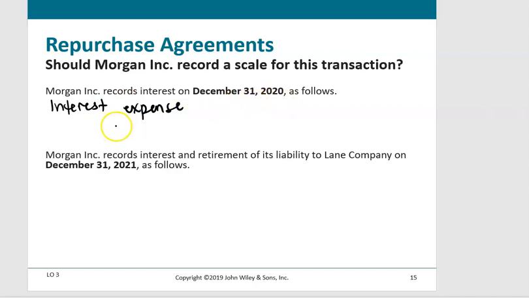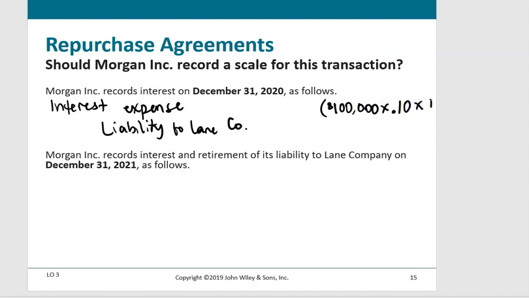And instead of the company paying cash for that, we are increasing that liability. Remember, when we credit a liability, we are increasing that liability to Lane Company. And this is in the amount of, well, we take the initial amount borrowed, the $100,000, and multiply it by the implied or imputed interest rate times the time portion of the year, 12 out of 12.